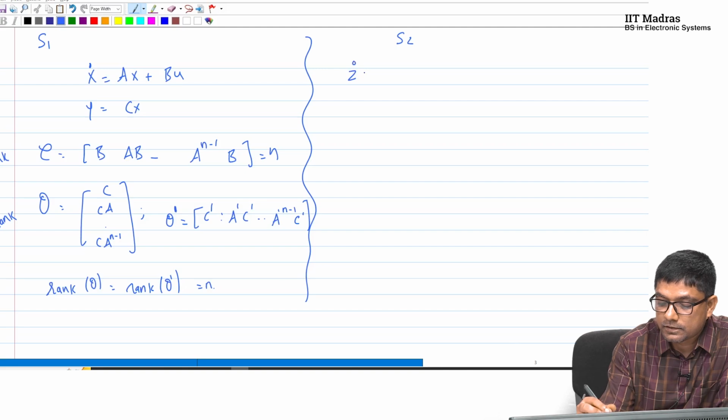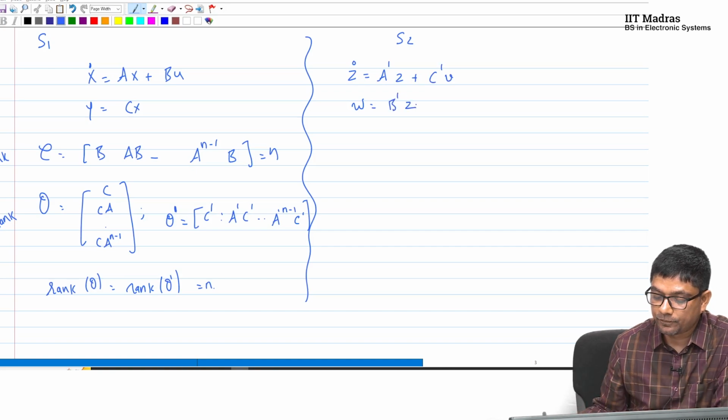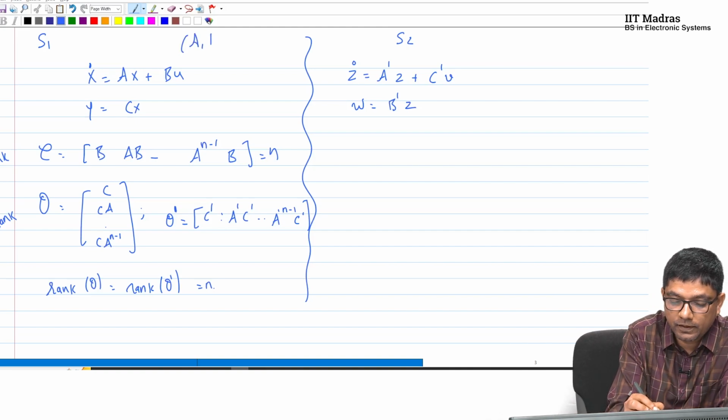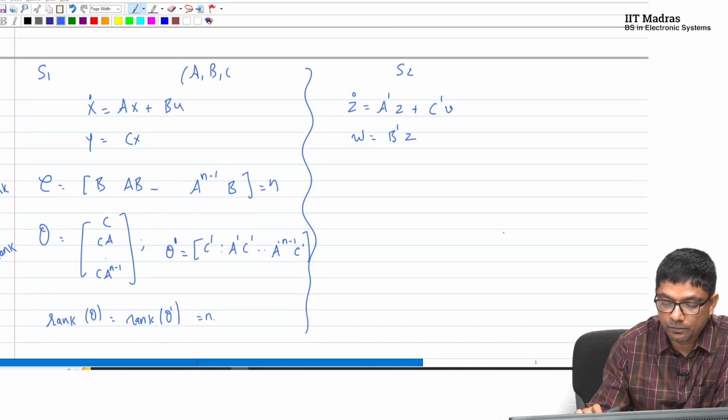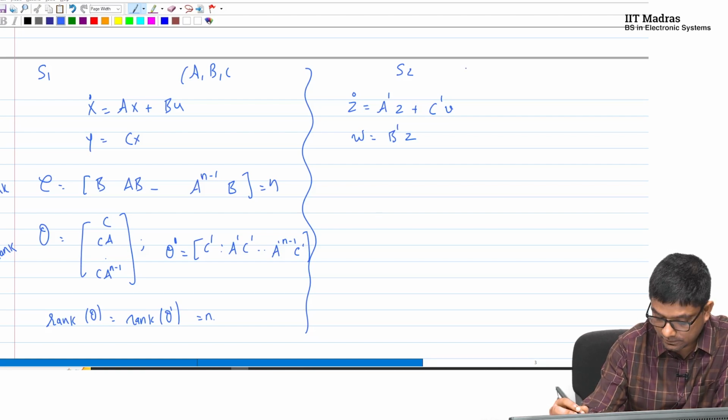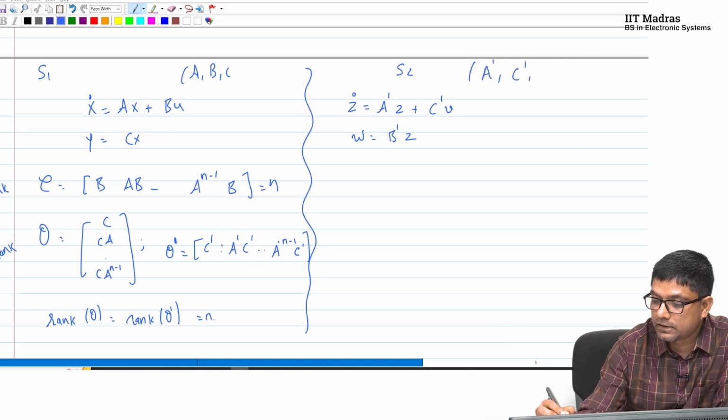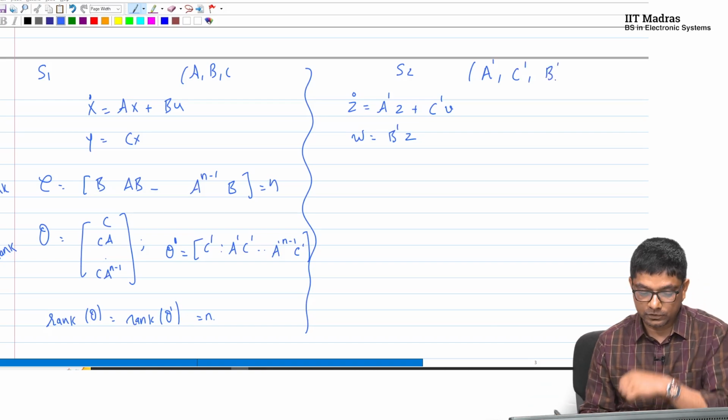Similarly, I take another system z dot is A transpose z plus C transpose v, and w equal to B transpose z. So, the first system is of the form A, B, C for the state, input and output, and here the second system is of the form with A replaced by A transpose, B replaced with C transpose, and C replaced with B transpose.